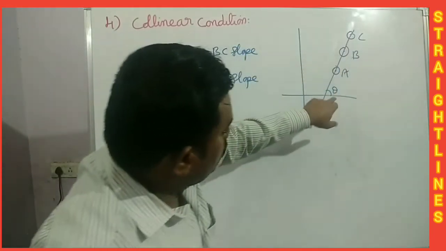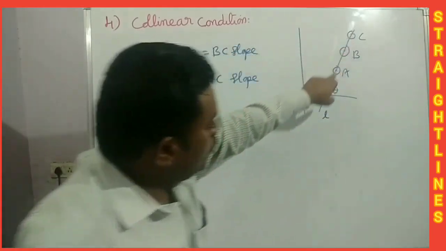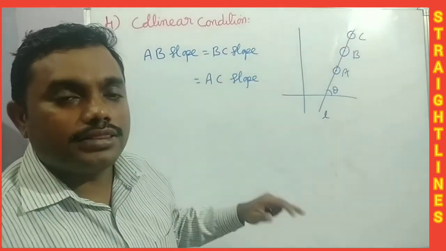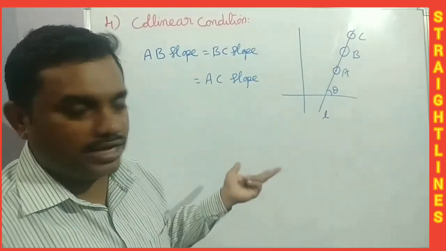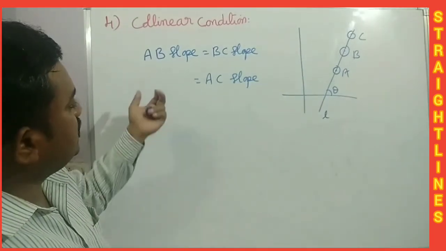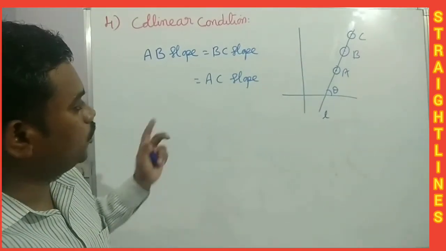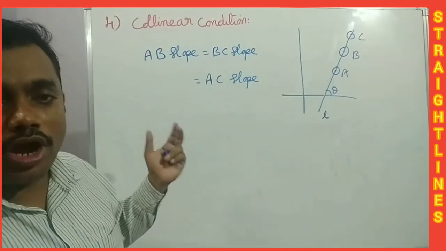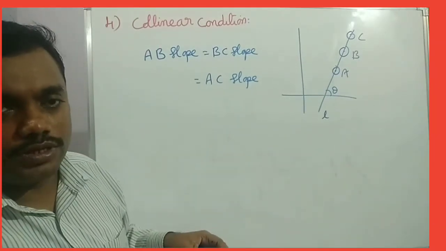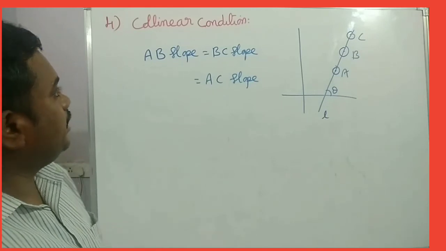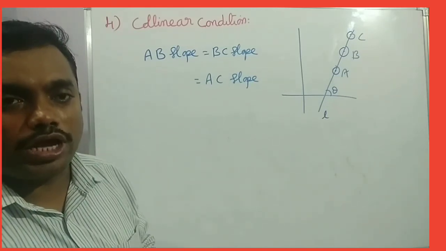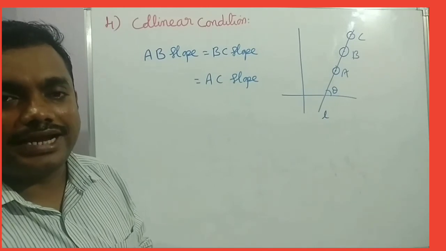BC line slope equal to tan theta. AC line slope equal to tan theta. So slopes are equal. Then the points are called collinear. So using slope, this is the formula: AB slope equal to BC slope equal to AC slope, then the points are called collinear. Now this is the theory part. Then next class we will continue exercise 10.1.